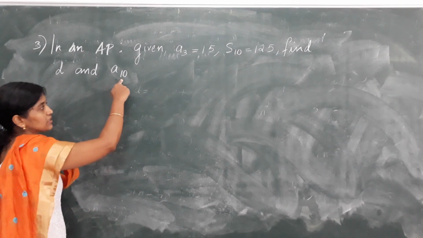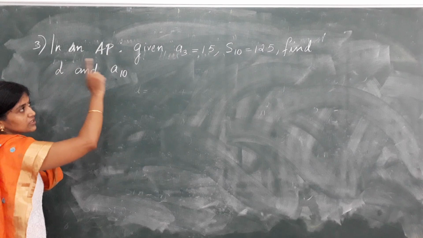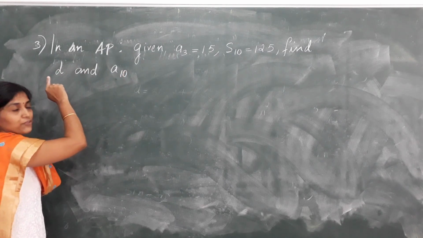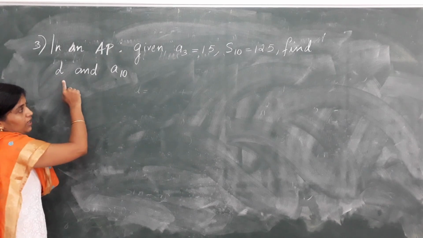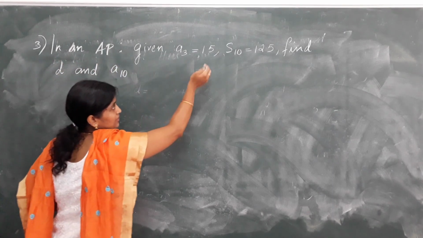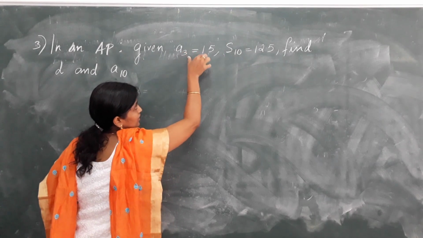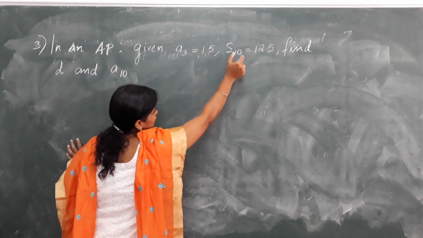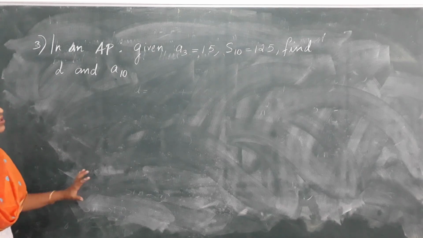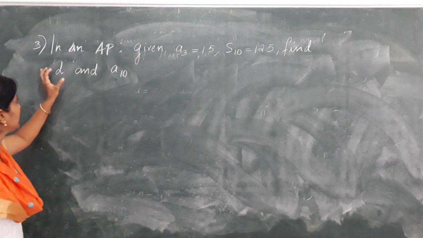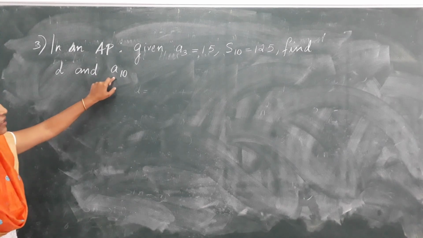To find the 10th term, we need the first term and also the common difference D. To find the common difference D, we are given 2 conditions, that is the third term and the sum of the first 10 terms. So we will take both the conditions, and from that we are going to find D and the 10th term.